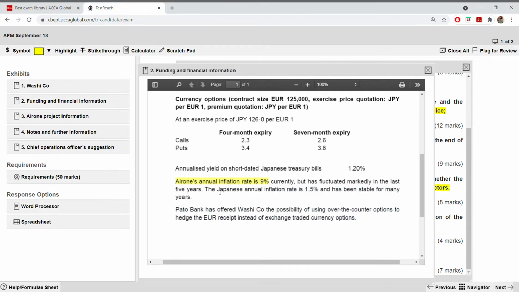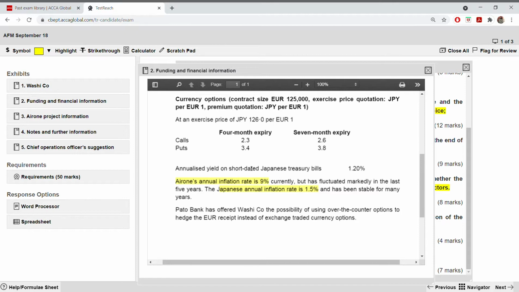You will understand very soon why the inflation is given. Some of you might be able to predict from now why this inflation rate is given. This is a foreign project. The receipts you are getting are in euros, but you are investing in Japanese yen. So you need the currency conversion from Japanese yen to euro.